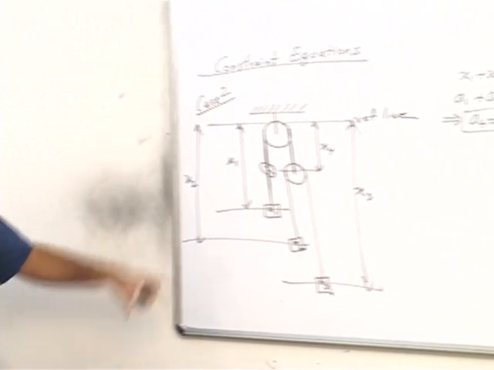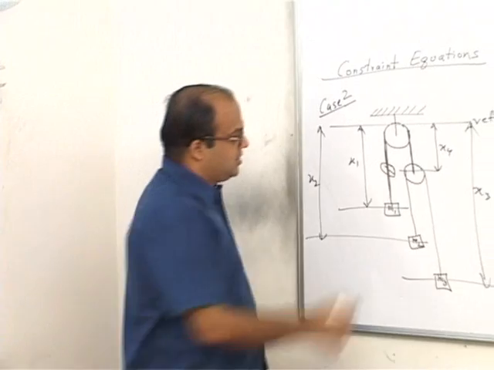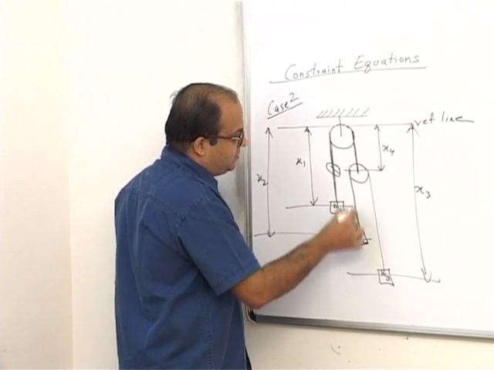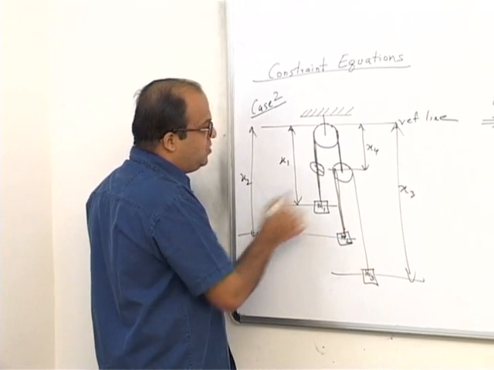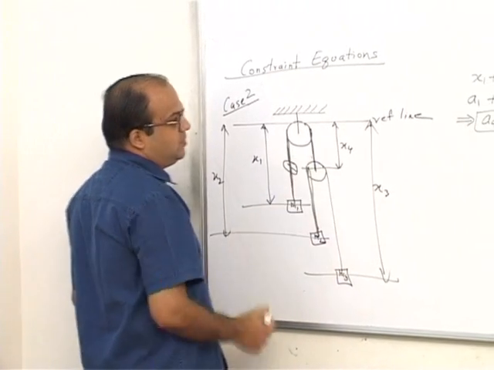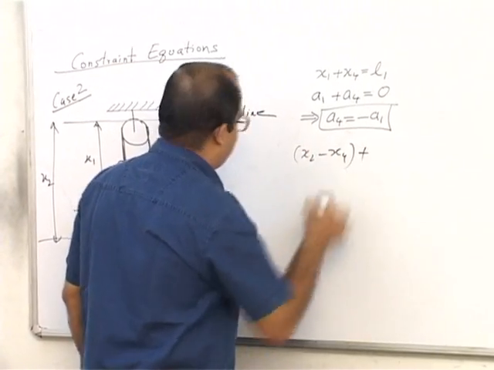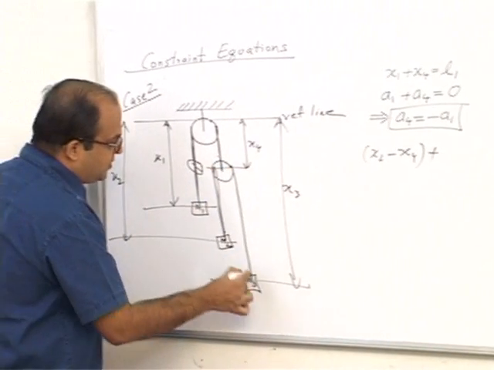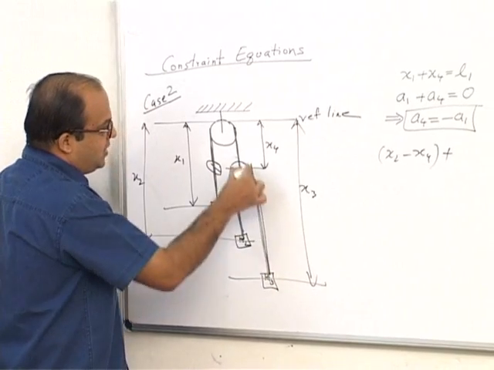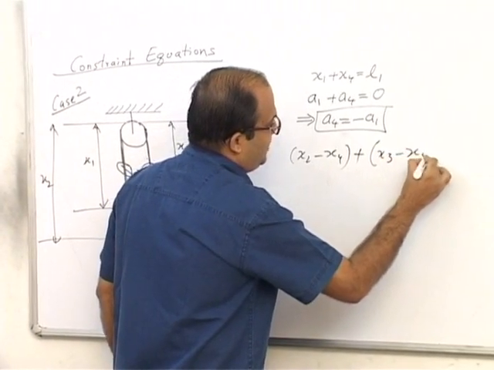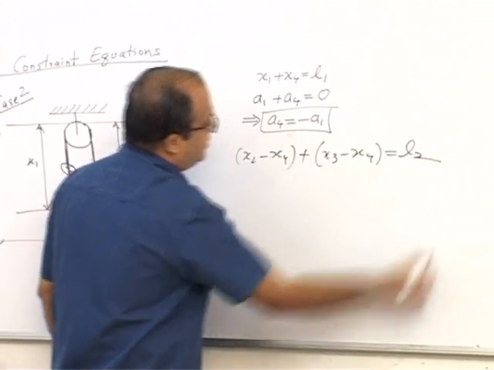Right? Now let us look at the second string. The left hand side of this second string is this much in length, and this is x2 minus x4. So x2 minus x4 plus the right hand side of the string is this much in length, and that is x3 minus x4. This will be equal to the length of the second string.